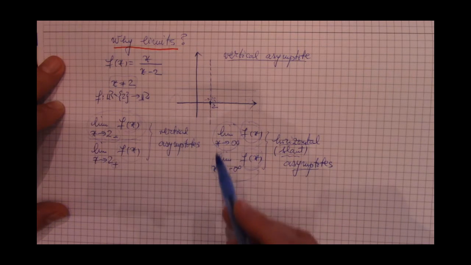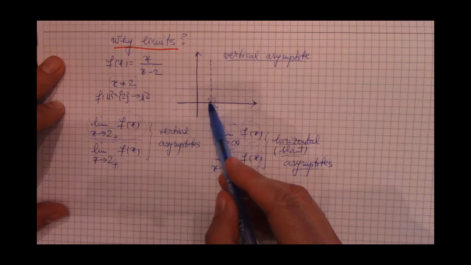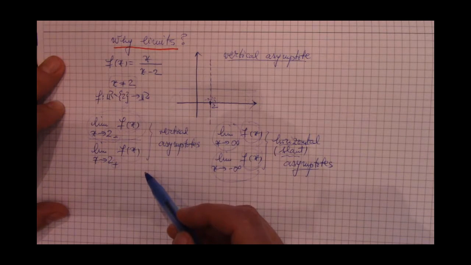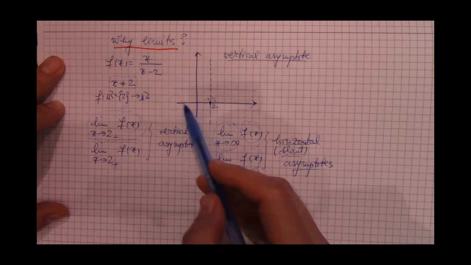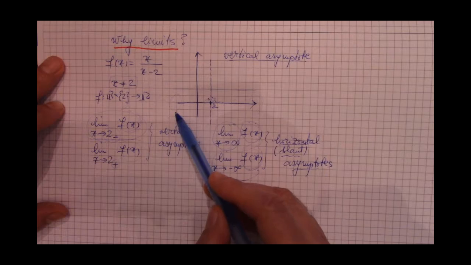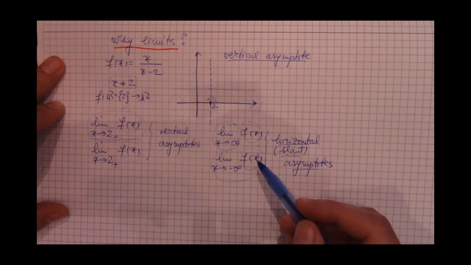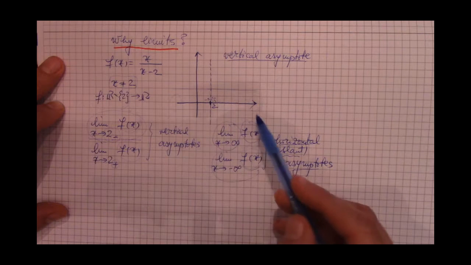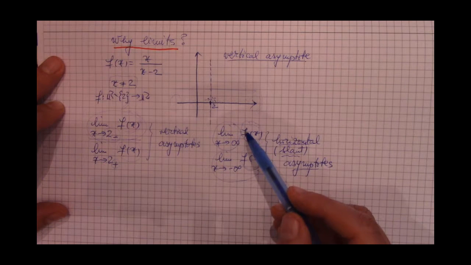So now we figured out what we need to do when we approach points that are excluded from the domain of definition of our function, and when x approaches minus infinity and plus infinity. Well, what happens in between? Because really we didn't deal with that many points yet.